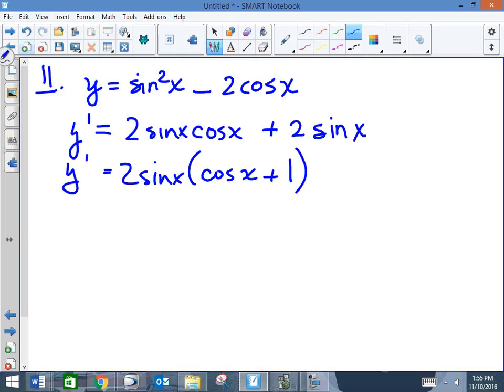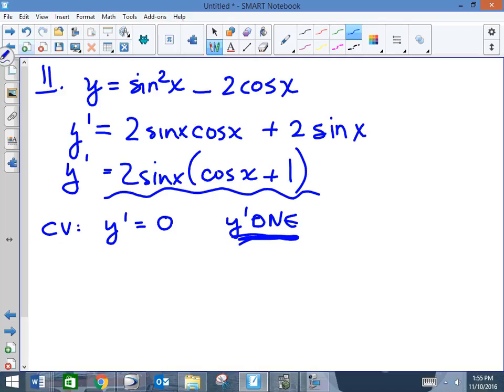All right. So we need some critical values. Where do we find those, Hannah? When your Y prime is equal to 0 or does not exist. Okay. Very good. Don't forget about this, girls. In this case, you could forget about it and be okay, but not always. Okay. So how do I get this equal to 0, Emma?